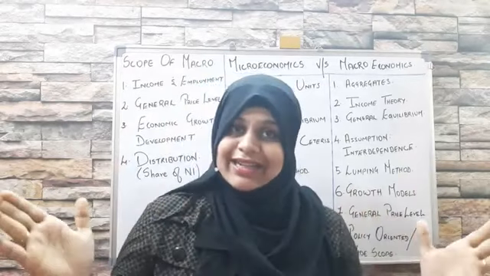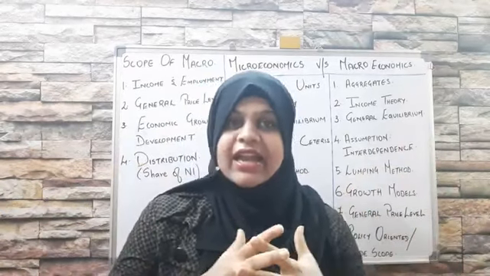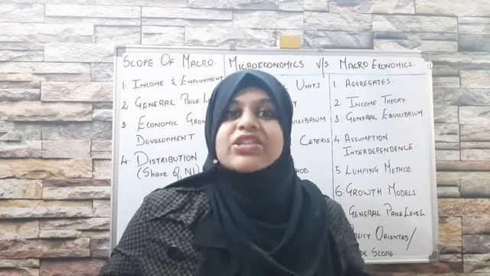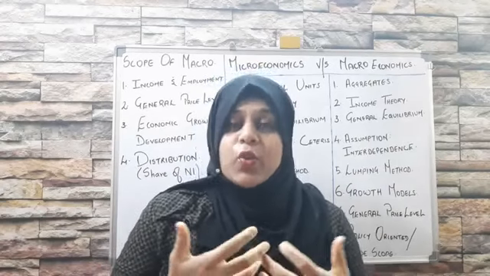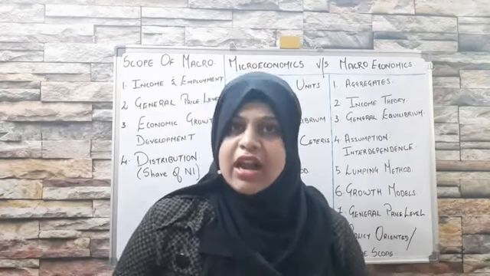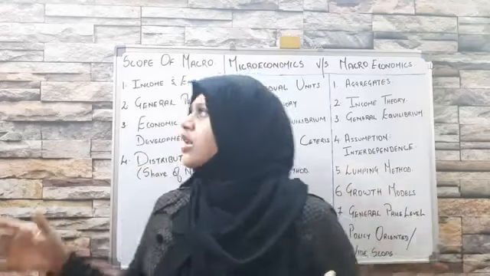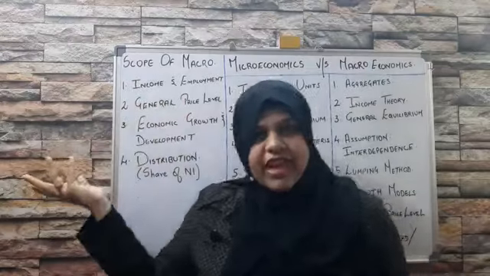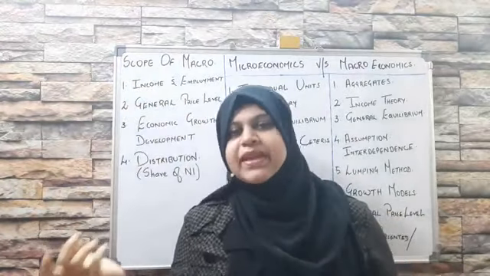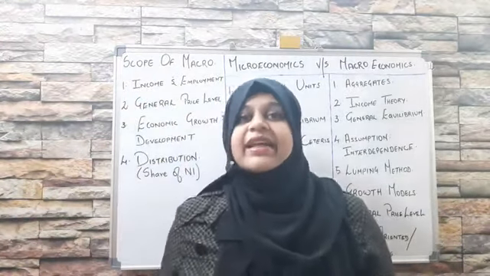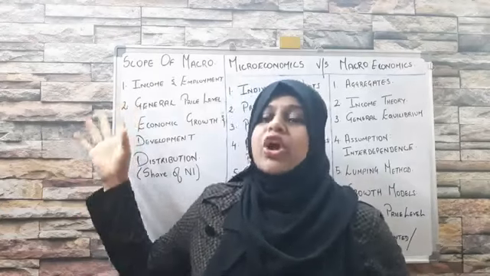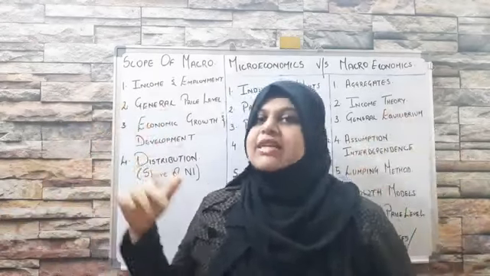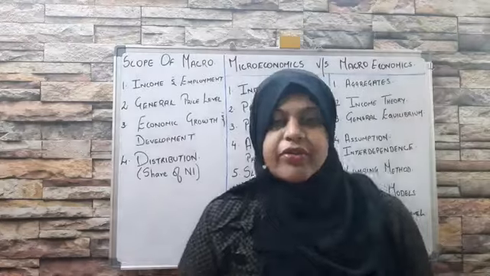So when it is studying the economy entirely, its scope has to be big, it has to be wide, it has to be large. So there are many things included in the scope of macroeconomics, and not to forget, the word scope means the subject matter, the content which is included, what all topics are studied under macroeconomics.